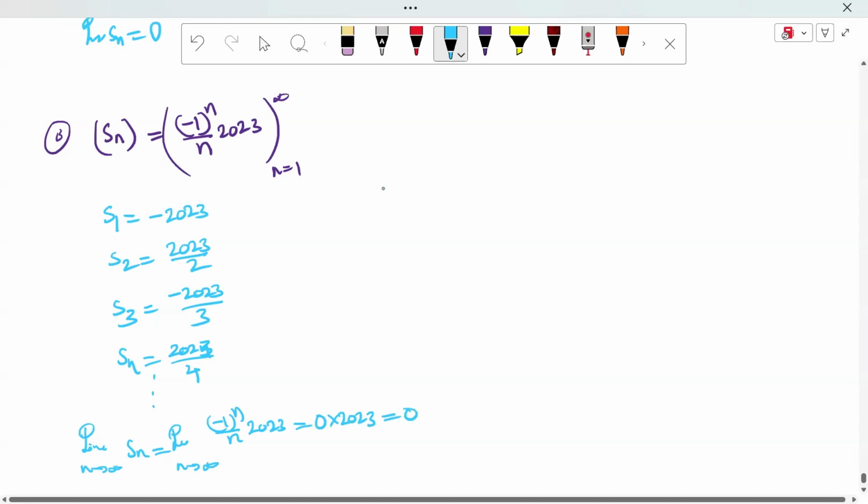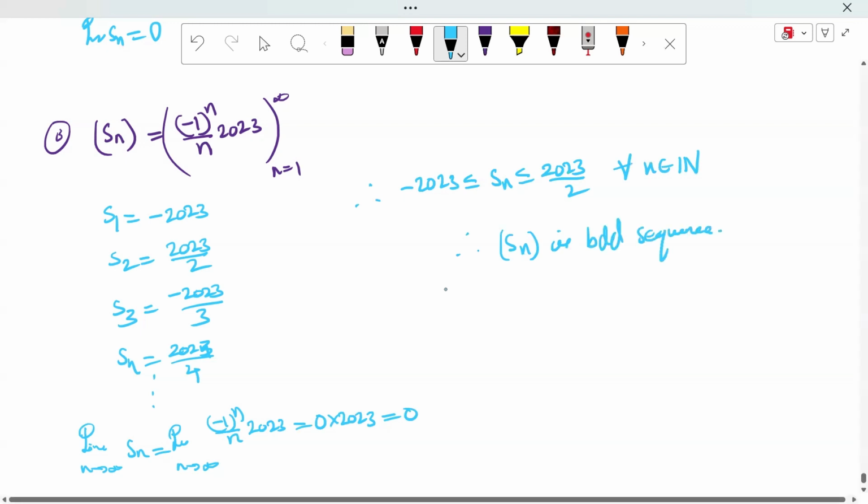Therefore, minus 2023 is less than or equal to Sn, which is less than or equal to 2023 by 2, for all n belonging to natural numbers. Therefore, Sn is a bounded sequence.